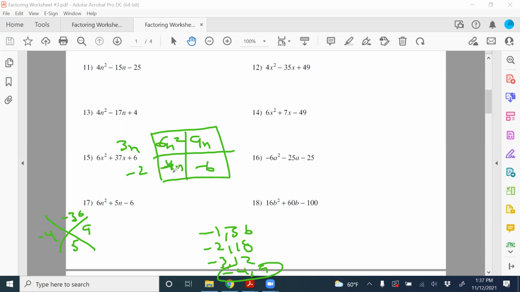And now I have 6n and negative 4n. If the first number is positive, keep it positive, so I'm going to put 2n. And I do see a negative 6, but I'm going to just pull out a 3 because 9 is positive. So it's 3n minus 2 and 9n minus 6. Sorry, wow, 2n plus 3, my bad. And that should work itself out.